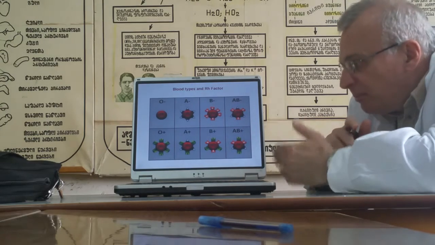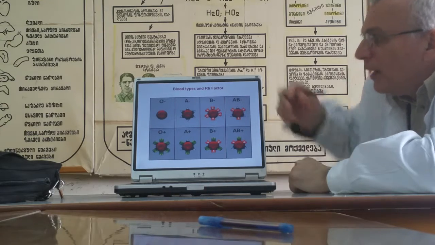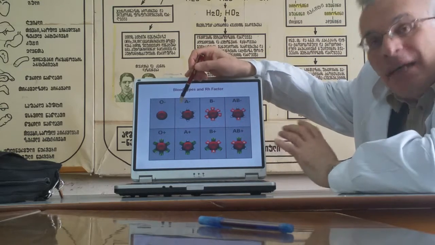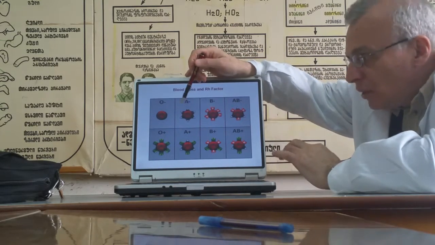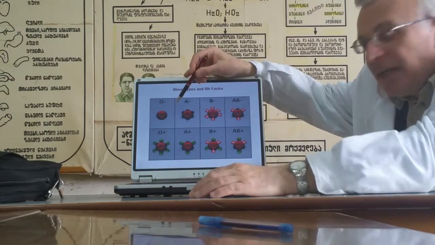This picture also nicely shows you these blood groups, but also other factors like the rhesus factor.